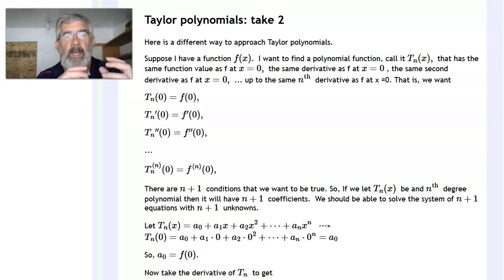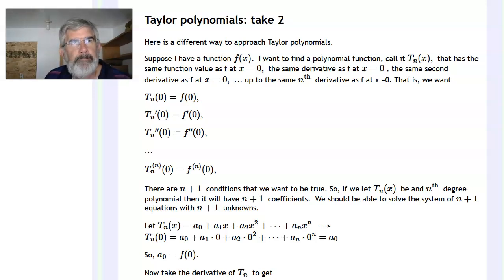Having 3 points is 3 bits of information. A quadratic polynomial is something like ax squared plus bx plus c. It's got 3 unknown coefficients. Well, those 3 bits of information would give me 3 equations that have to be true in order for the polynomial to pass through those points. But it's got 3 variables, 3 unknowns, and I could solve it. I could always come up with stuff like that.